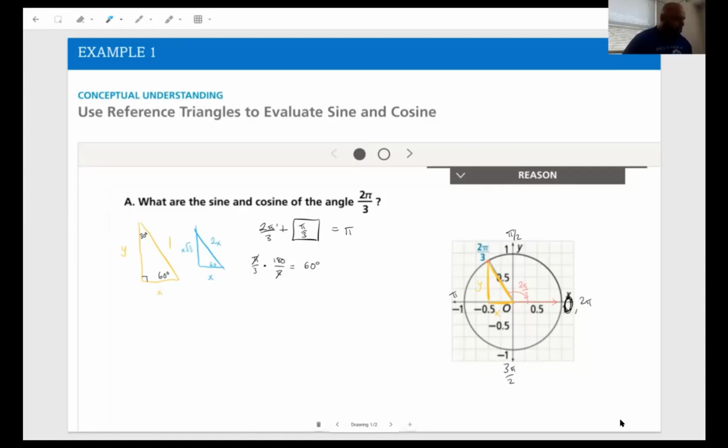So if you compare what we have in our yellow triangle to what we have in our blue triangle, there's only one pair of sides where we have a value and an expression, and that would be the hypotenuse. So my hypotenuse from the first triangle in yellow is 1, and on the blue triangle, it's 2x. So to solve for x, I'm going to get 1/2.